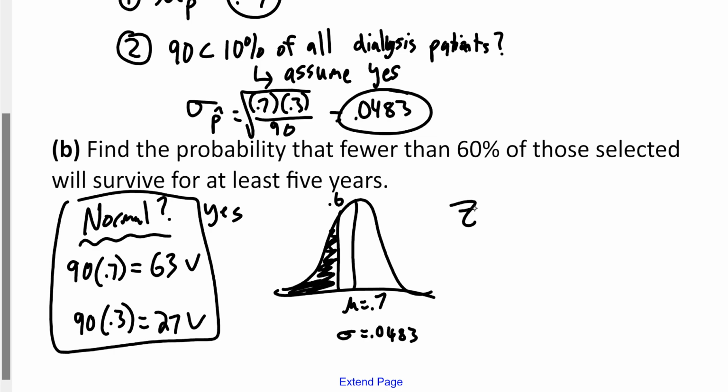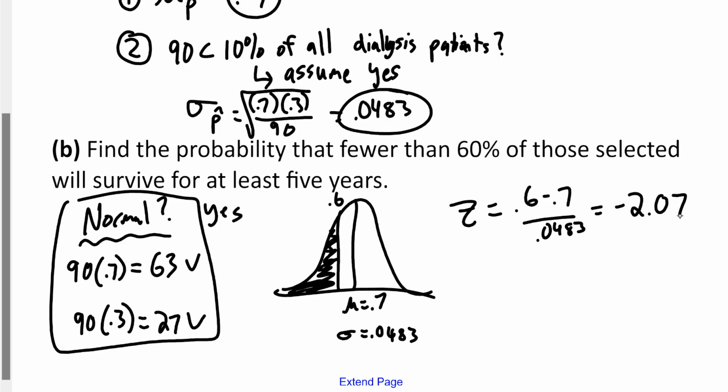So take this 0.6 minus 0.7 divided by the standard deviation. Get our z-score, which happens to be a negative, negative 2.07.